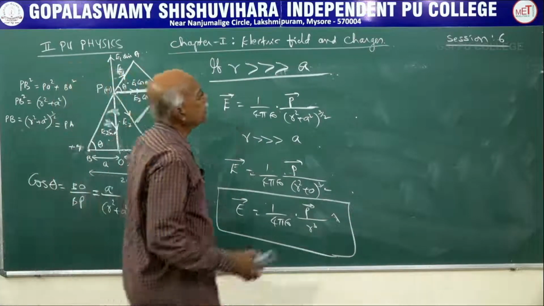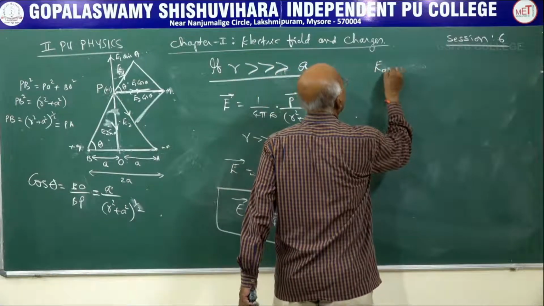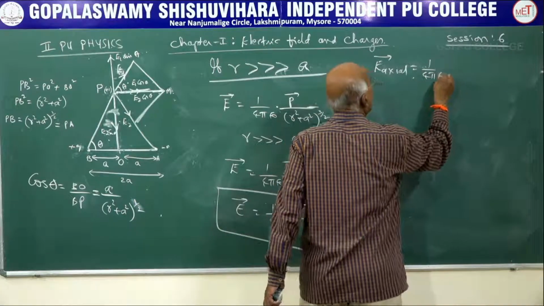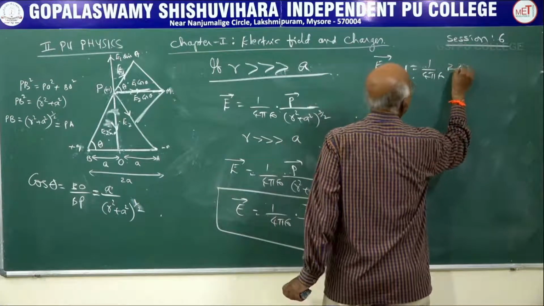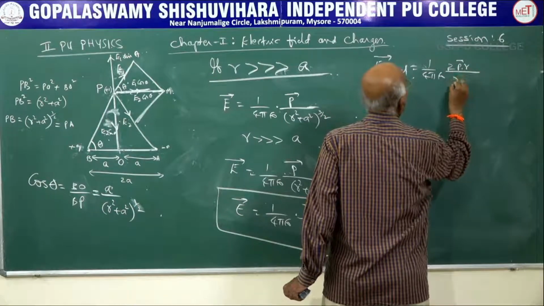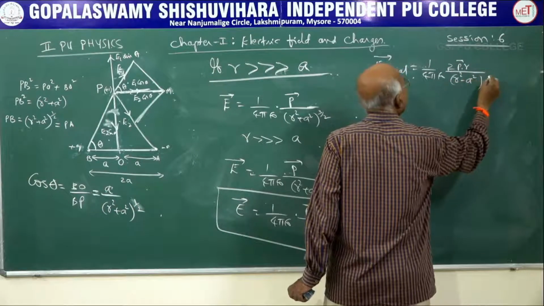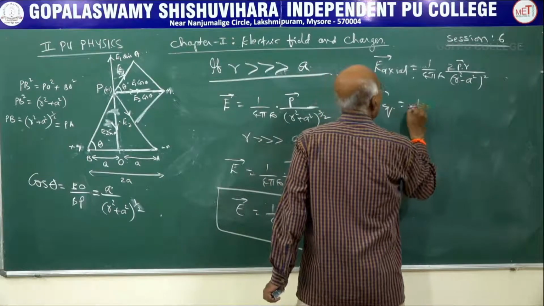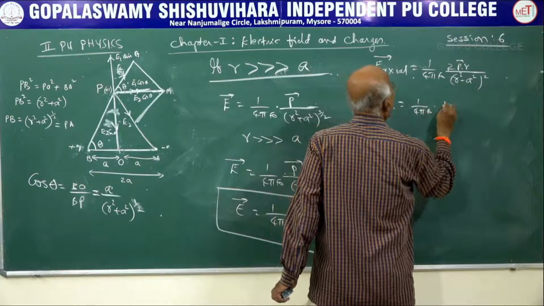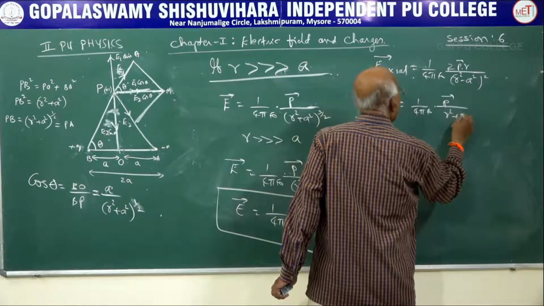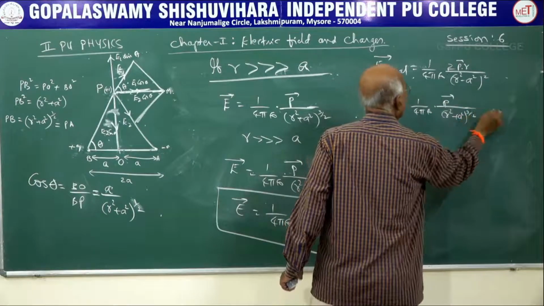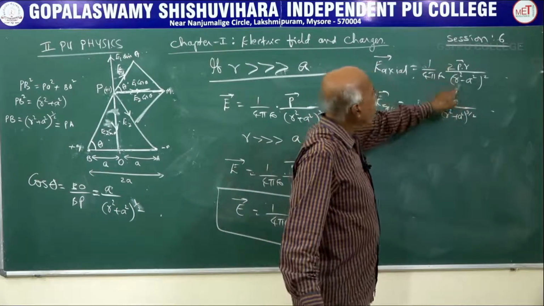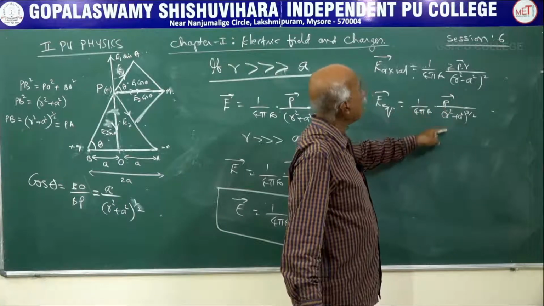And one more fact should be remembered. In case of E axial, it is 1 over 4 pi epsilon naught into 2PR divided by R square minus A square, the whole square. Now E equatorial is 1 over 4 pi epsilon naught vector P divided by R square plus A square to the power of 3 by 2. Now if R is very much greater, E axial reduces to 2P by R cube, while in this case E equatorial will be P by R cube.